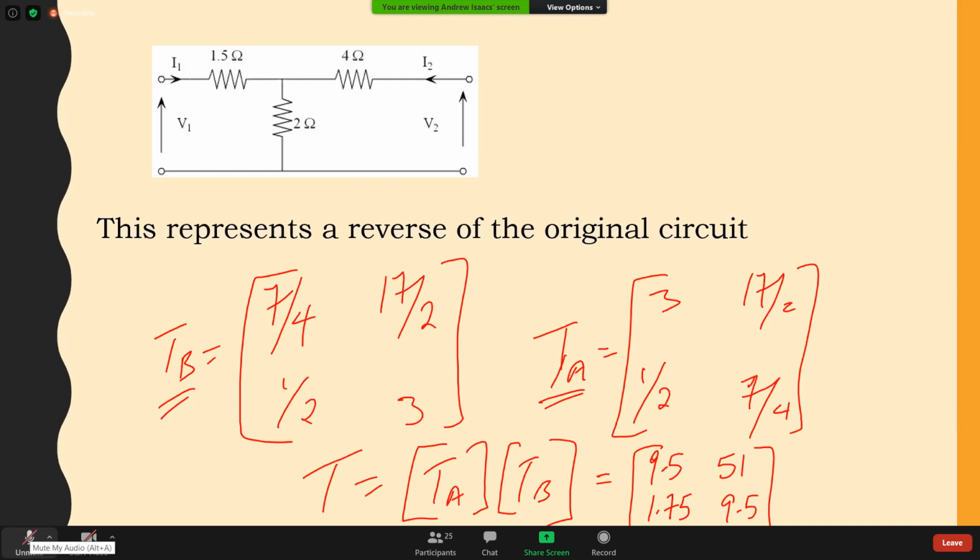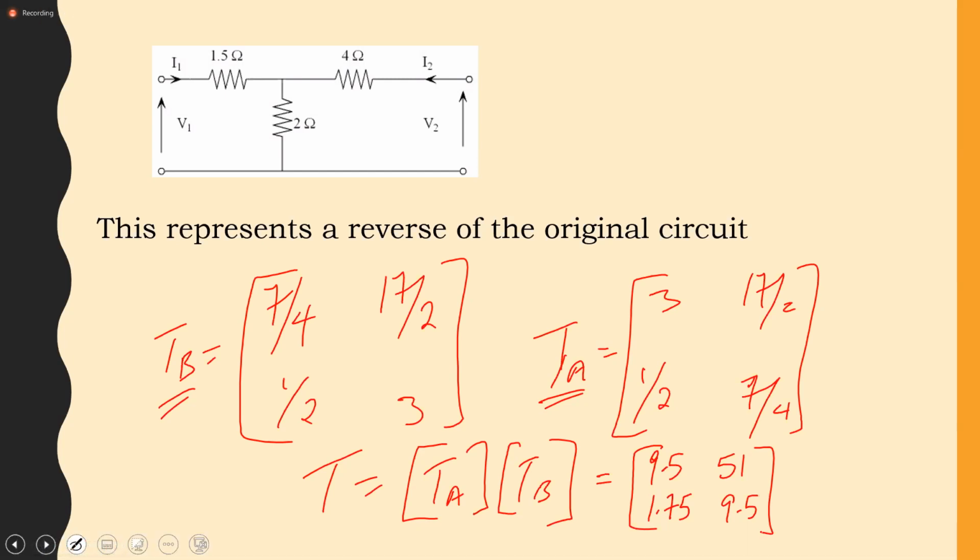All right, this is correct. Remember, it is A times B, not the other way around. Because remember, you're going to be putting network A here. All right? And you're connecting it in cascade to B.